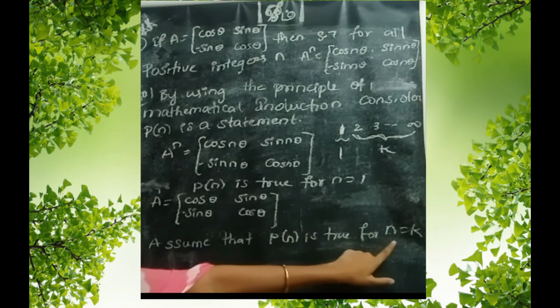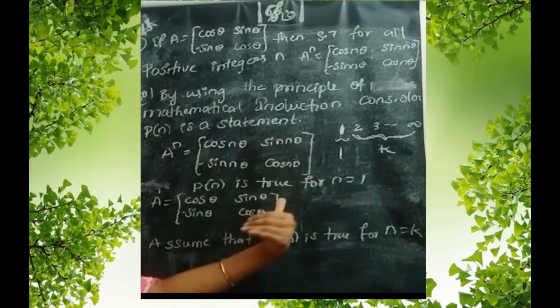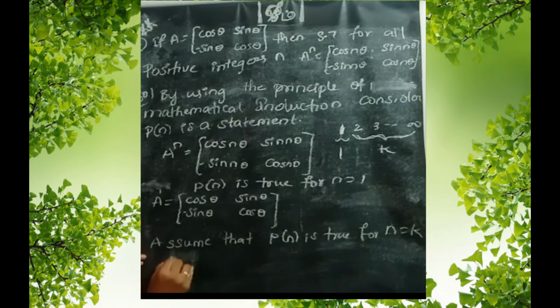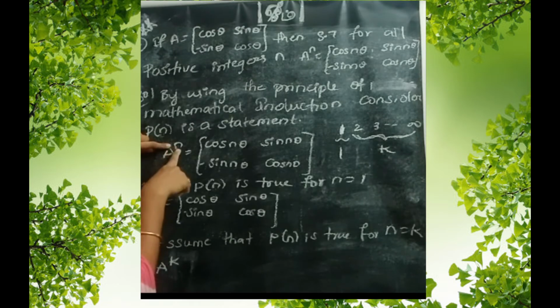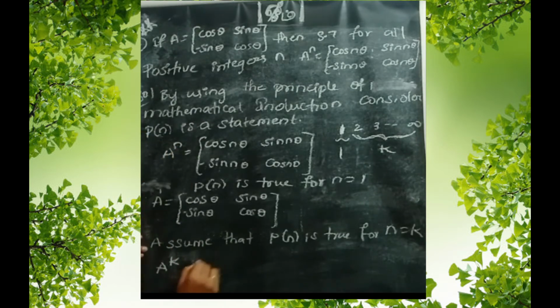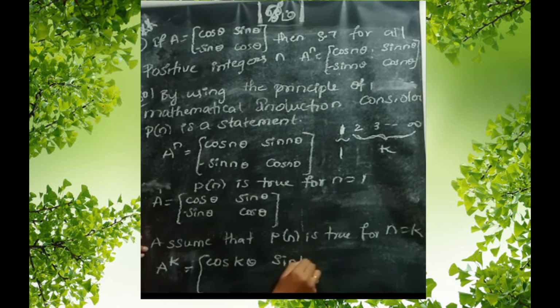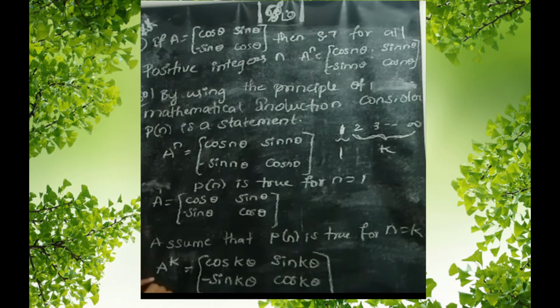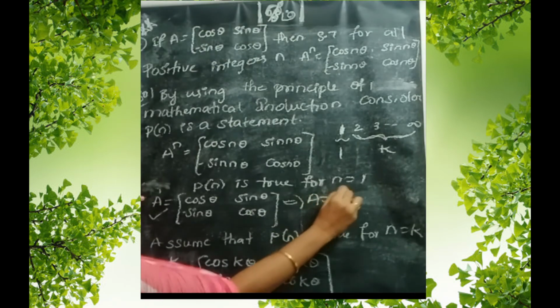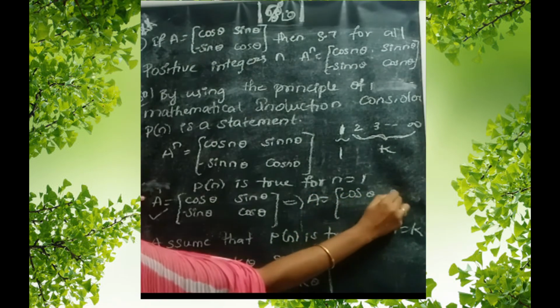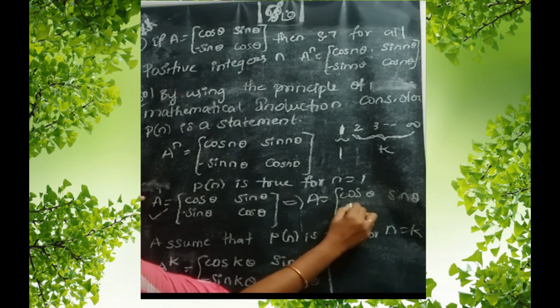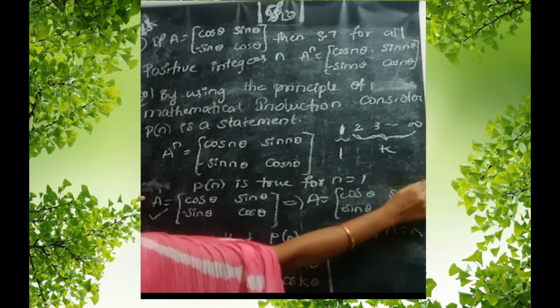Now we have to prove it for the remaining positive integers except 1. Then you will get A power k. Now substitute k in place of n. So cos k theta, sin k theta, minus sin k theta, cos k theta. Okay, this is A power k and this is A power 1, or you can simply write A equals cos theta, sin theta, minus sin theta, cos theta.